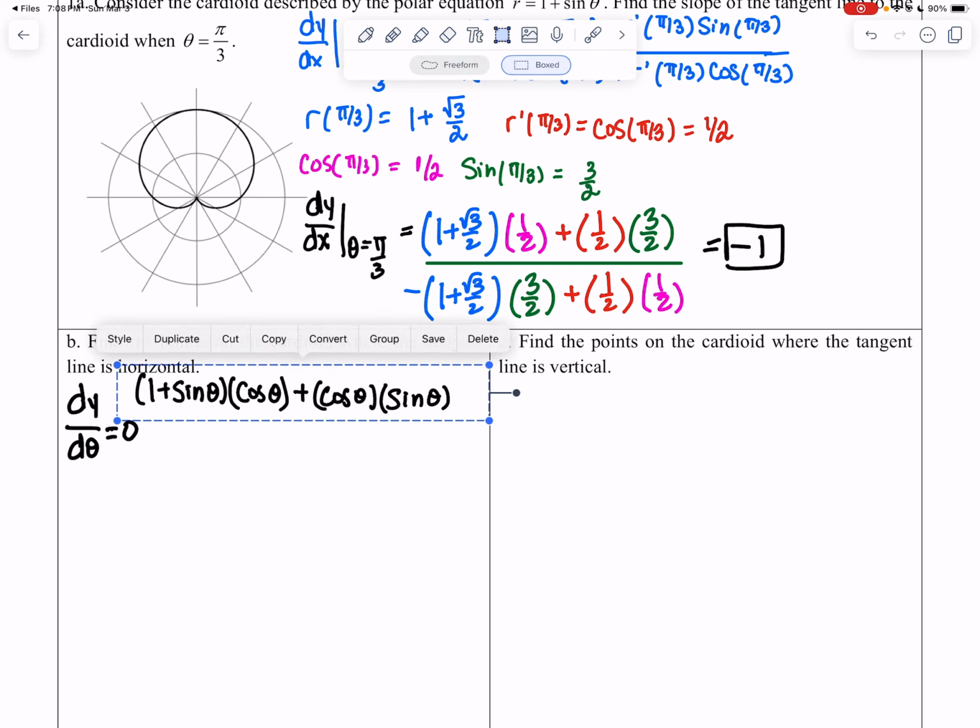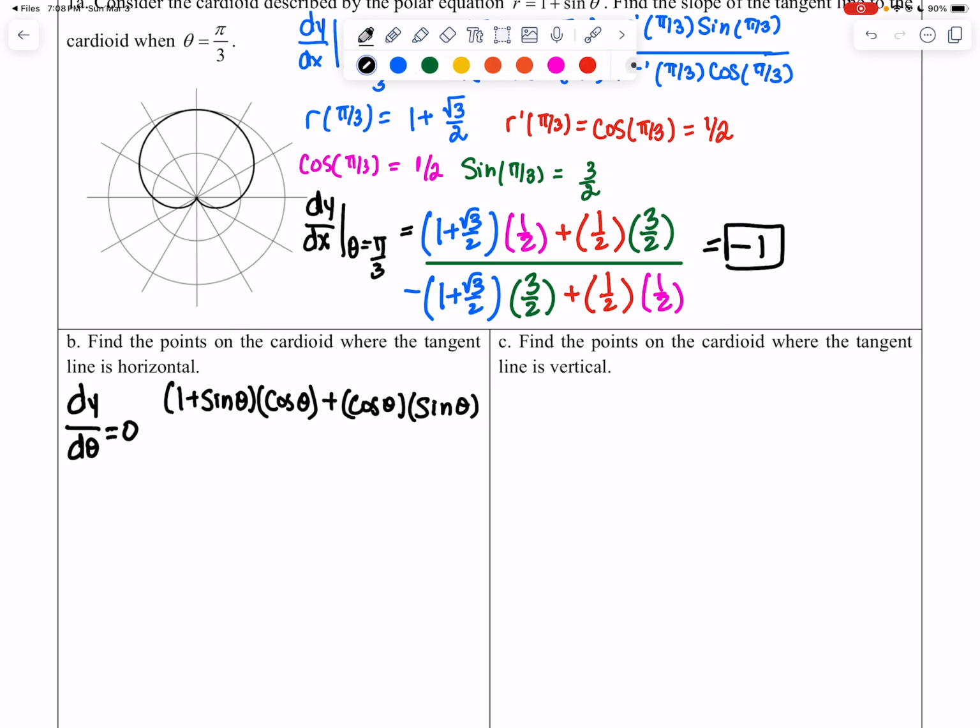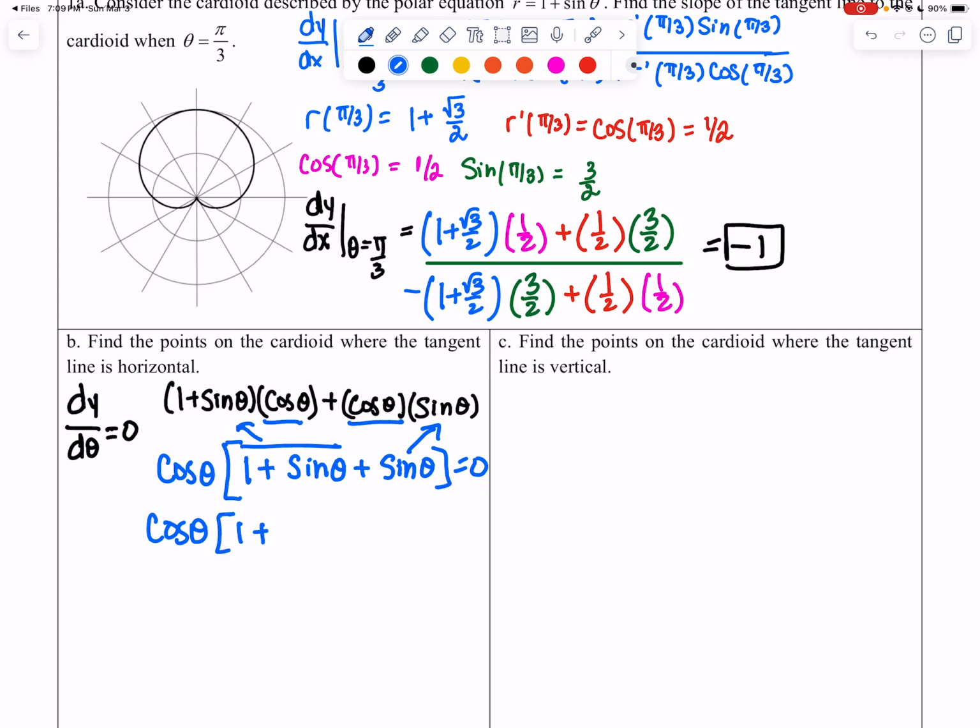In order to do that, we are going to do some manipulation. Notice we have a cosine here and a cosine here, so I'm going to factor out a cosine. What I'm left with is 1 plus sine on the first term, and then sine on the second term. That gives me cosine of theta times 1 plus 2 sine of theta equal to 0.